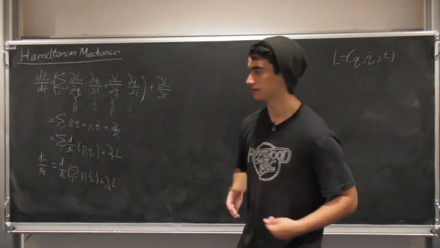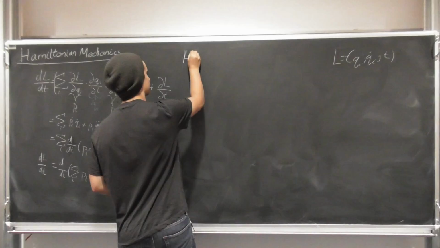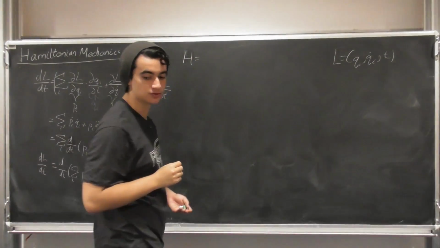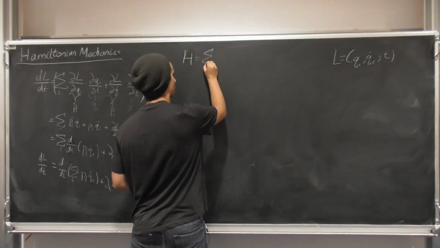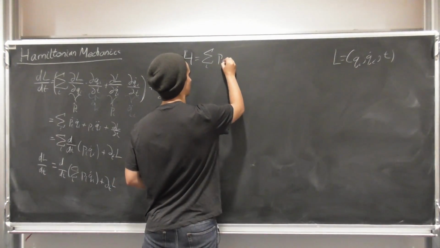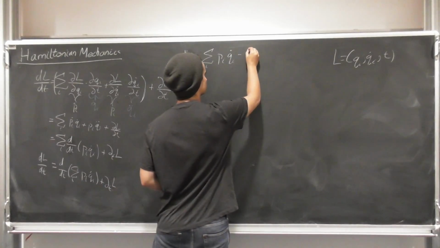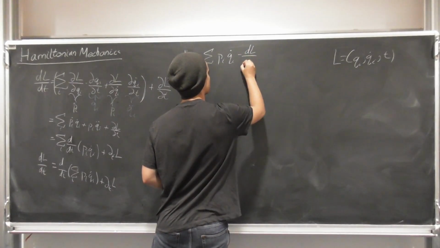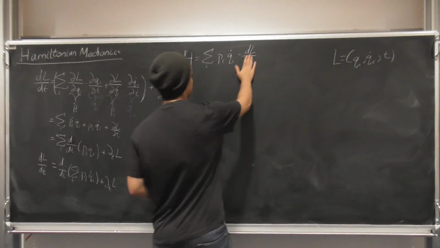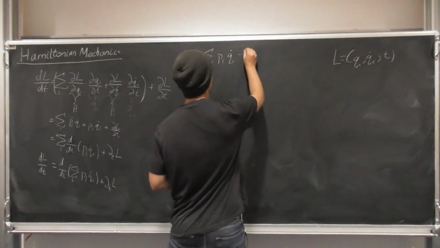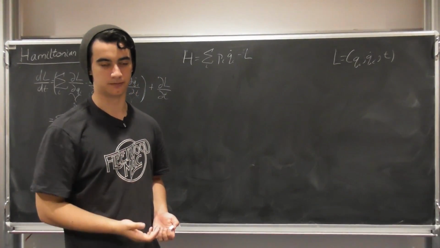Okay, so let's define a new H, which is going to be equal to the sum over i of p sub i times q sub i dot, minus L. So this is our term that we're going to be calling the Hamiltonian.